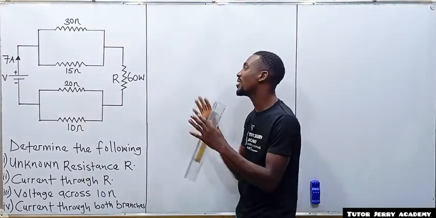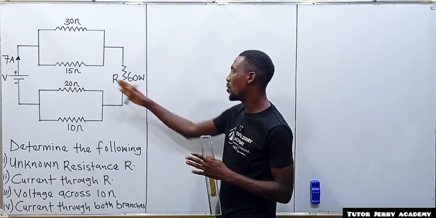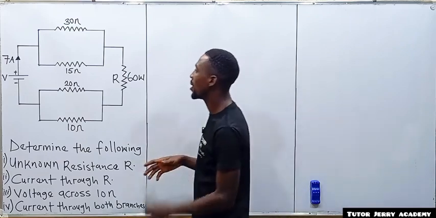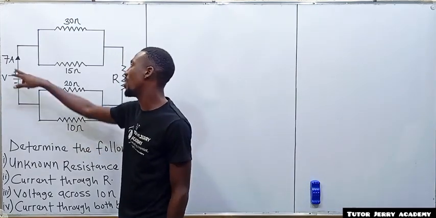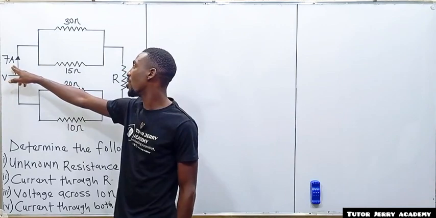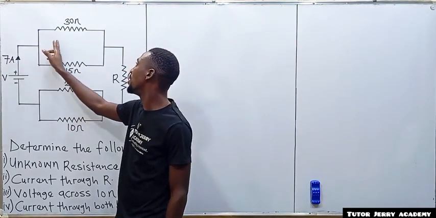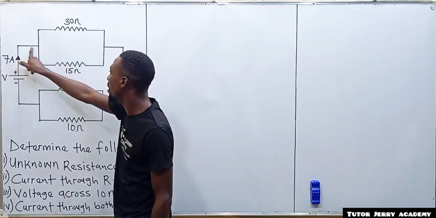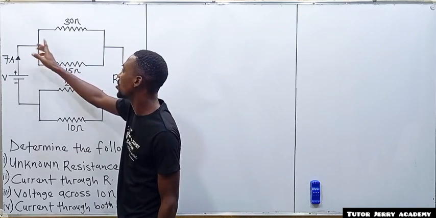All right, if you look at this circuit clearly, you are going to observe that we have a voltage source, and we have a current going through this circuit. When this current gets to this node here, it's going to split.